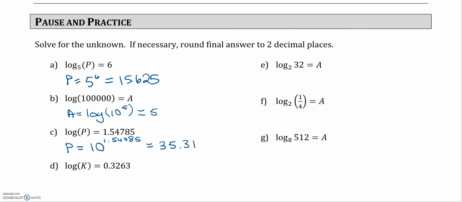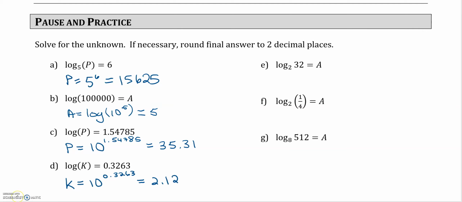Part D, we have log of base 10 of k is equal to 0.3263. We can express our number k as being equal to 10 to the power of 0.3263. Evaluate this on your calculator and you will find that the final answer is 2.12 when rounded to 2 decimal places.